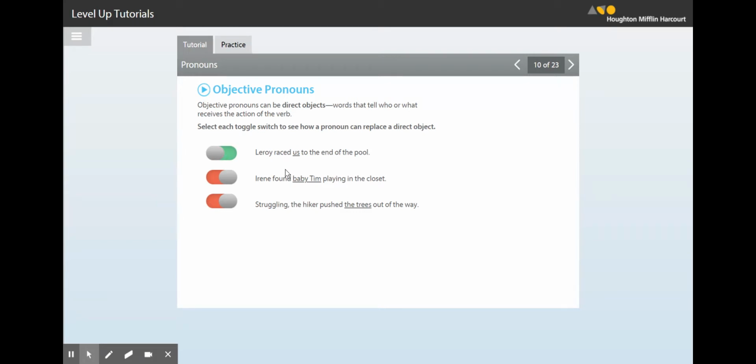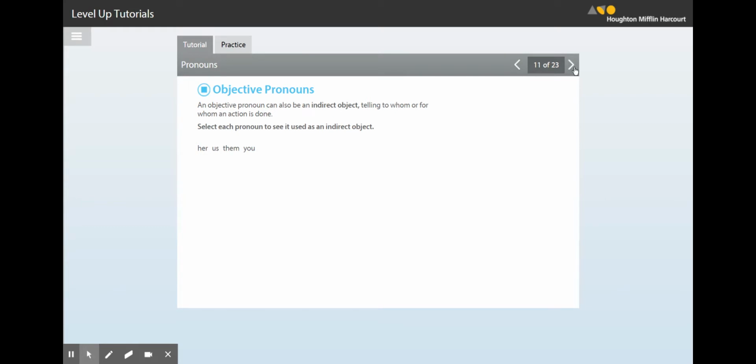It's receiving the action from the verb. Next example, Irene found baby Tim playing in the closet. If I were to use an objective pronoun instead of baby Tim, I would use him. Irene found him playing in the closet. Last one, struggling, the hiker pushed the trees out of the way. If I wanted to use an objective pronoun instead of trees, I would use them. Struggling, the hiker pushed them out of the way.